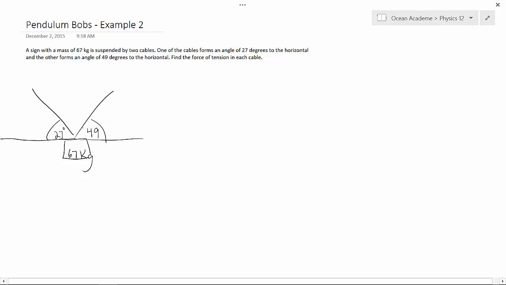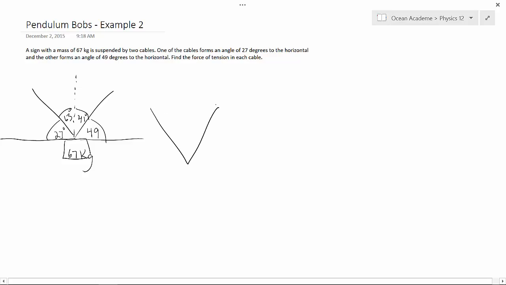Now, what I like to do is draw just a vertical line going up like that, a dotted line. And I need to find this angle and this angle. So, grabbing my calculator, I find that this angle is 63 degrees and this one is 41 degrees.